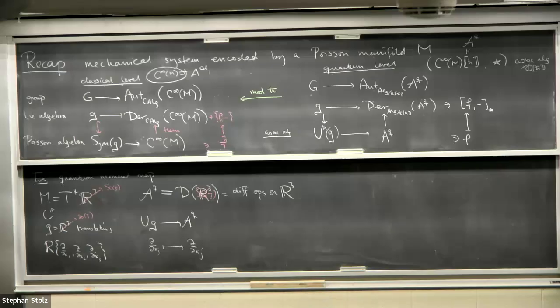A factorization algebra, which I'm defining, F on a manifold M with values in a symmetric monoidal category, I'll write like this, consists of the following data.